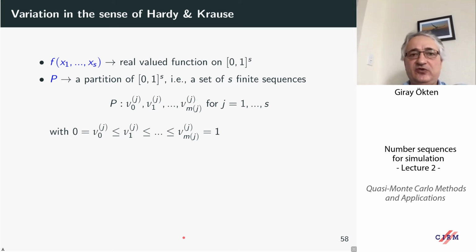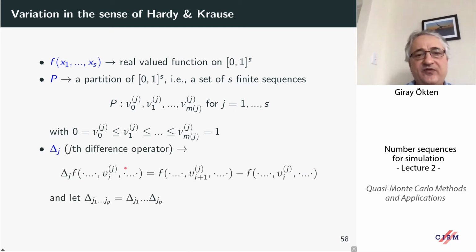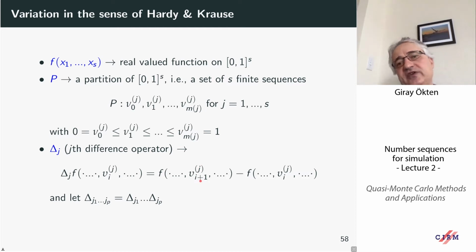In S dimensions, we do something similar. We partition each axis, and there are now S axes. And then we define these difference operators, delta J, which essentially fixes everything but the jth component. And then it looks at the function difference, the difference in the function values for that component as in the partition you go from Vi to Vi plus 1.